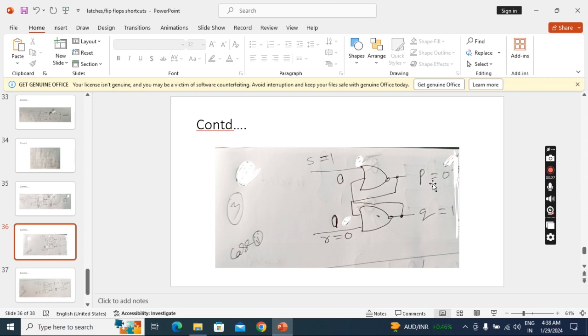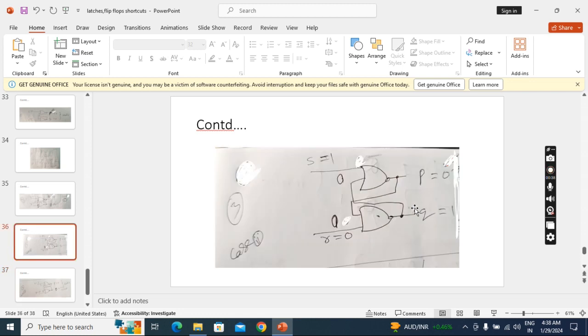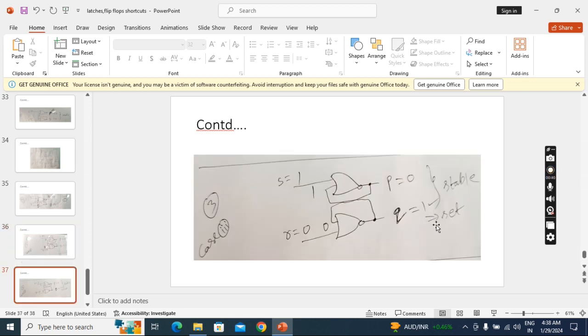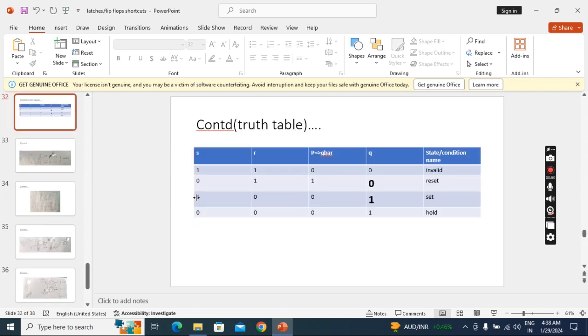Then again in the third condition I maintained the same inputs and fed back the second case outputs. Then it is maintaining the same, so it is a stable output. So I will take this as the final output for condition 3. When S equal to 1, Q is 1, so it means 1 is stored. It is called set.